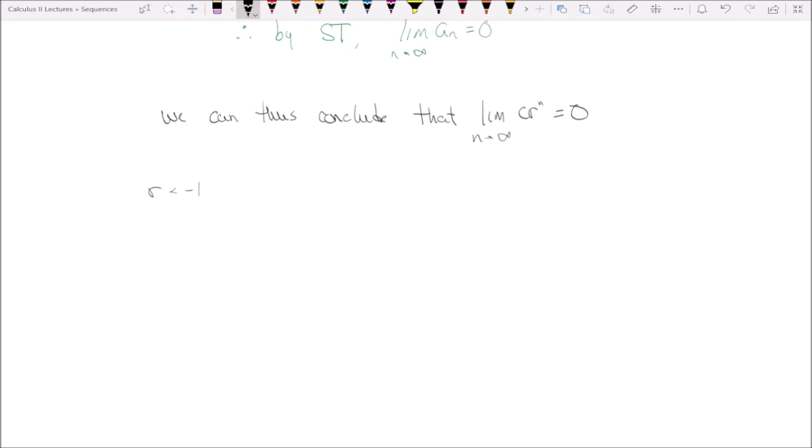What if r is less than or equal to negative 1? Well, now let's first consider what happens if r is negative 1. Right, then our sequence, c r to the n, is going to bounce between negative c and positive c, depending on the parity of n.